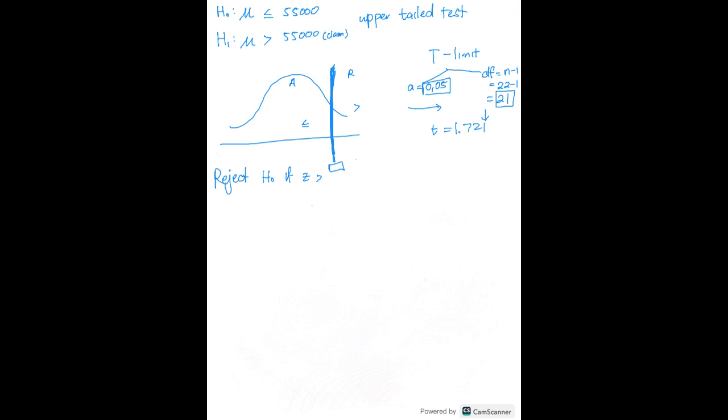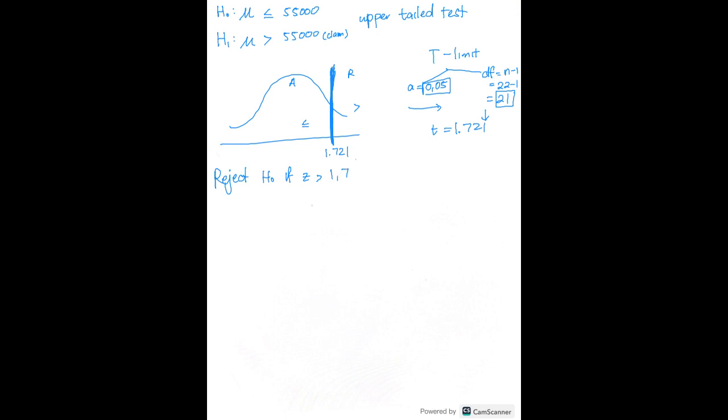And this is also going to go into here. So because it is an upper tail test, it's a positive value, 1.721. And now you're going to say you'll reject if Z is greater than 1.721.